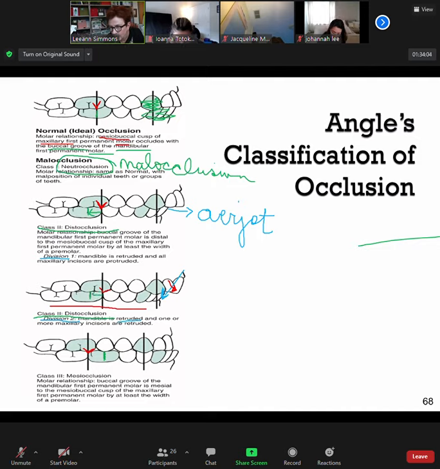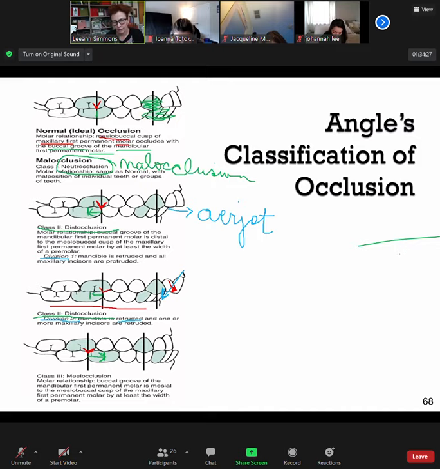So again, I look at the mandibular tooth and I see that my landmark is anterior or mesial to my maxillary molar landmark. And again, it has to be a full cusp width off to be a full 2 or a full 3.